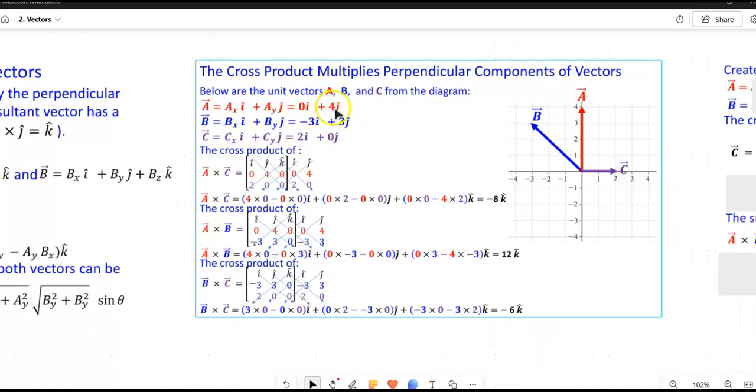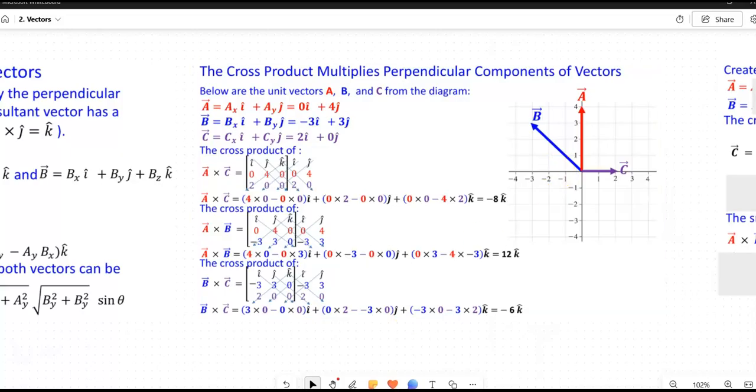Okay, so here are the unit vectors. Now, to multiply A times C, in this case, we need the perpendicular components of A times C. The dot product will be 0, but the perpendicular components, we could predict what they should look like.